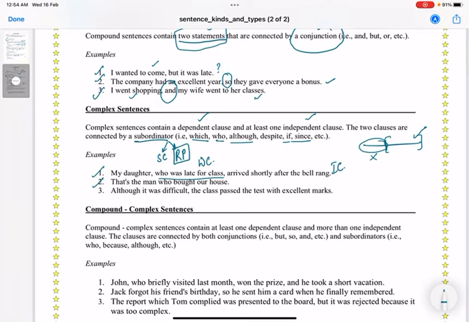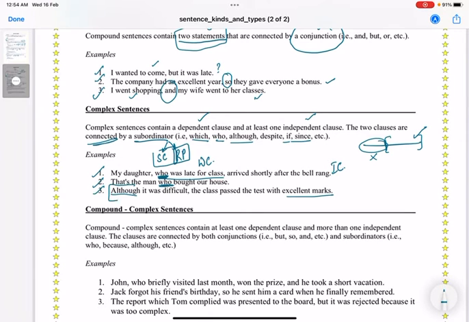Next we have, that's the man who bought our house. So over here, who is the relative pronoun, and in the first sentence also, who was the relative pronoun which we were using to join the two clauses. Basically we are connecting them. Now we can connect them with a conjunction also. For example, although it was difficult, the class passed the test with excellent marks.